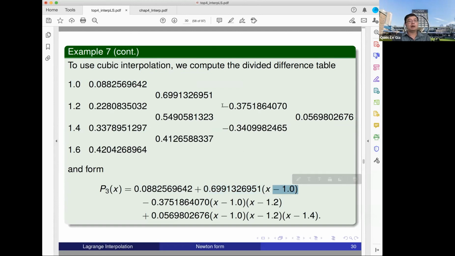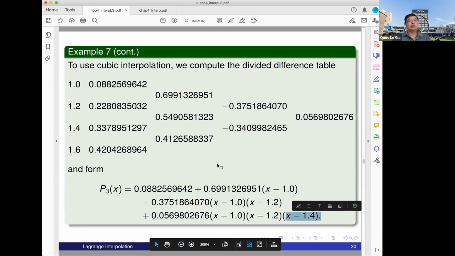Your next coefficient is minus 0.375, so minus 0.1375, then x minus the first, x minus the second point. And then the last coefficient is here, 0.05.